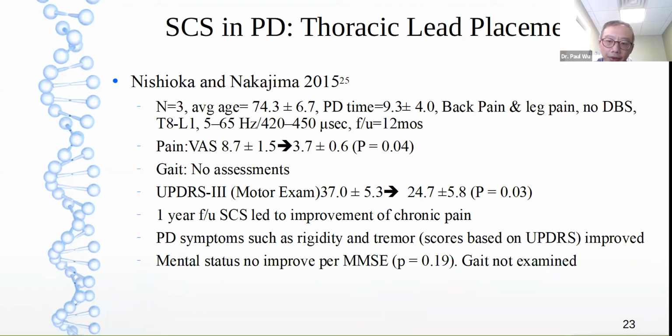There's also improvement in the motor examination with borderline significance. At 1 year follow-up, spinal cord stimulation led to improvement of chronic pain. Rigidity and tremor were reported to be improved. Mental status is not improved with tonic stimulation.